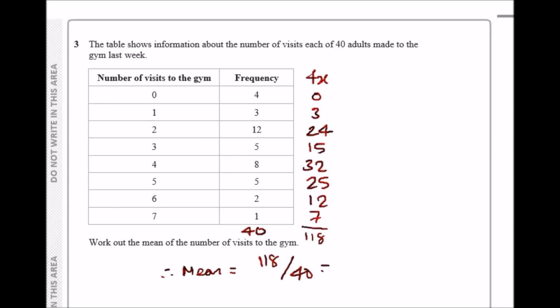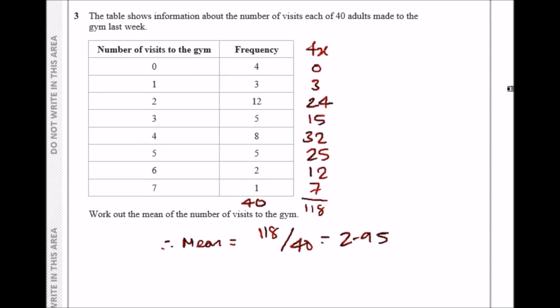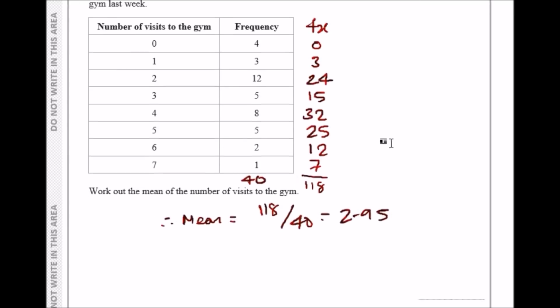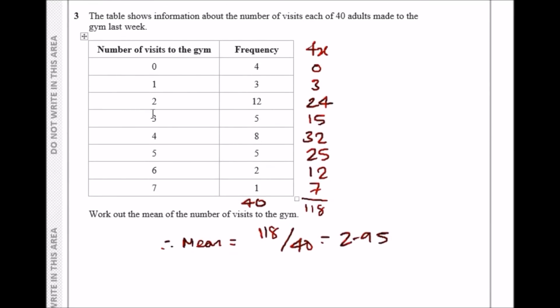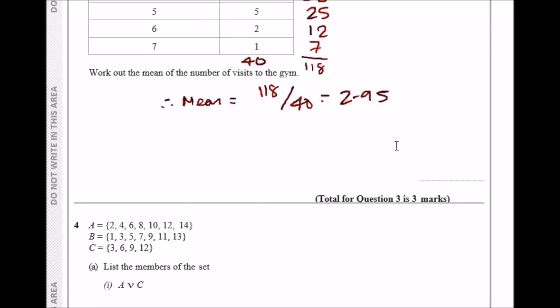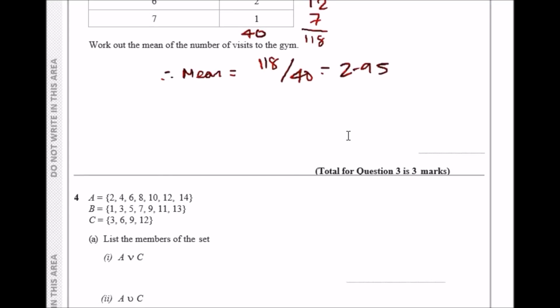So 118 divided by 40. And this should give us 2.95. So that's basically saying that on average, of all the 40 people, you're expected to see almost 3 visits to the gym. So that's not so bad. That's probably like us, isn't it?